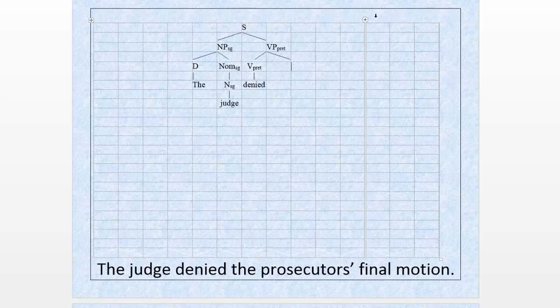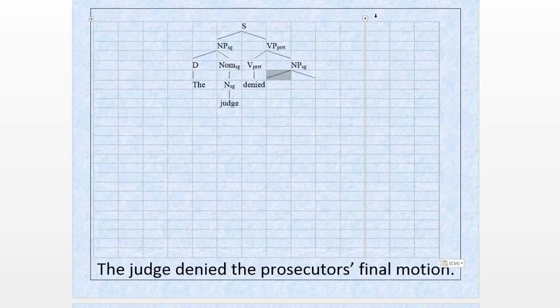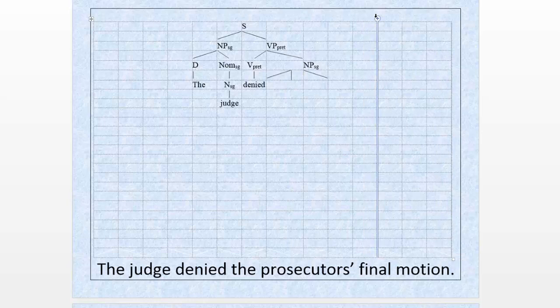The prosecutor's final motion. Okay, so let's see. His motion, a motion, the motion, the motions. So it's a singular noun that is going to be the head noun. All right, then within that singular noun phrase, what do we have? Okay, the head noun is motion.